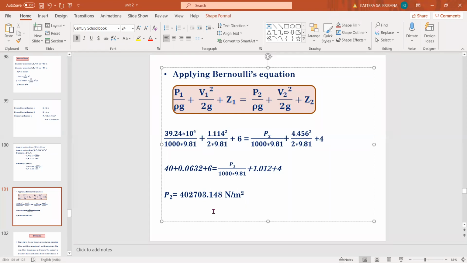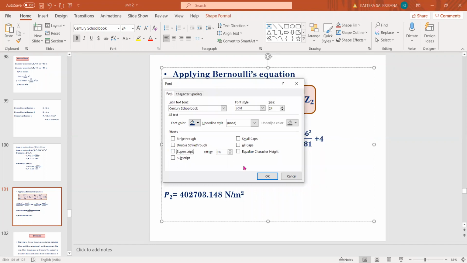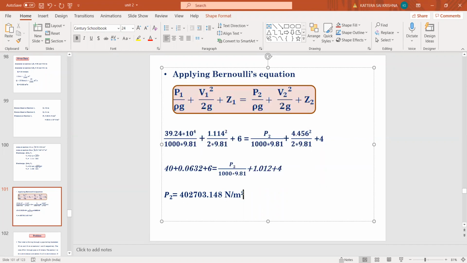1 meter square, if you convert into centimeter, it is 100, nothing but 10 square. So we have 10 power 2 whole power 2, nothing but 10 power 4. So if you divide it by 10 power 4, what will you get? 40.27 you'll get, so I'm writing here equals 40.27. It is not compulsory to do.